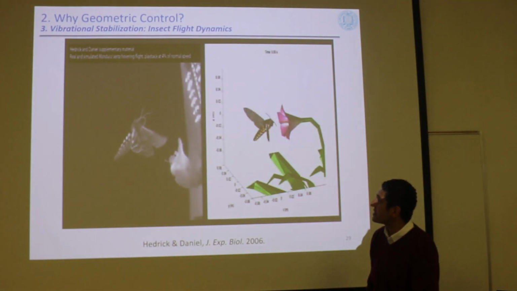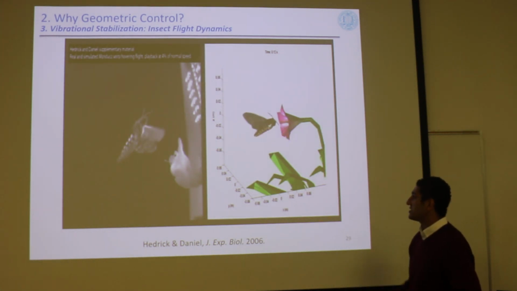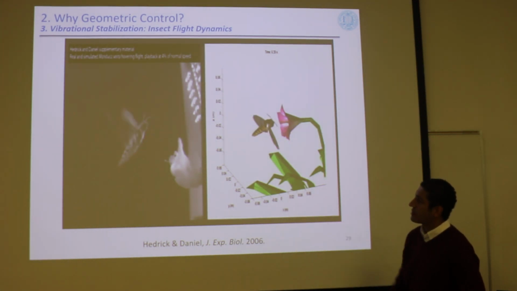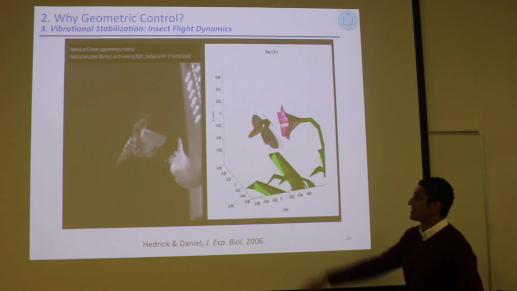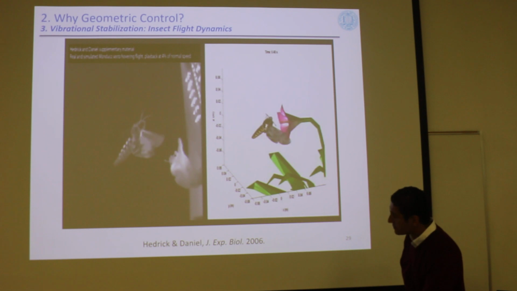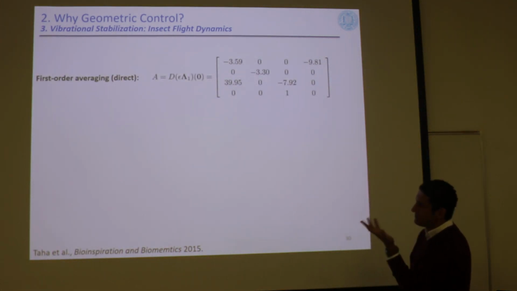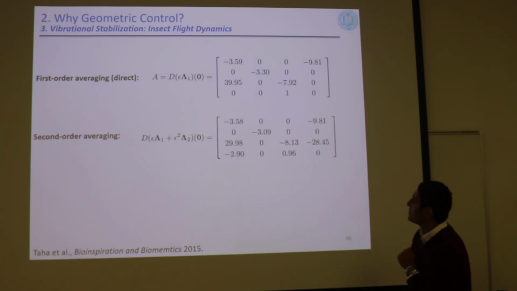And what we're claiming is that this is also happening for insects. When we analyze insect flight dynamics, this is the hawk moth at the hovering position. It's a slow motion video because insects move their wings much faster. The dynamics is fourth order, not second order. This is when we do direct averaging, and this is when we do averaging with geometric control.